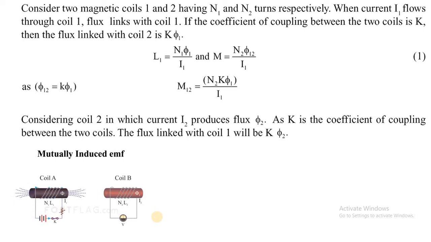What is the case? Coil 2, that is coil B, that means coil 2 is taking the current I2.